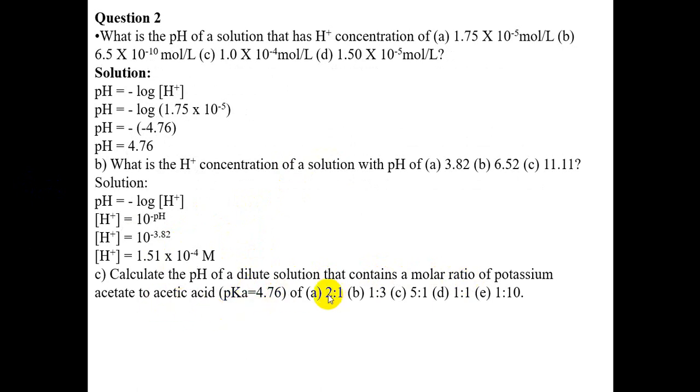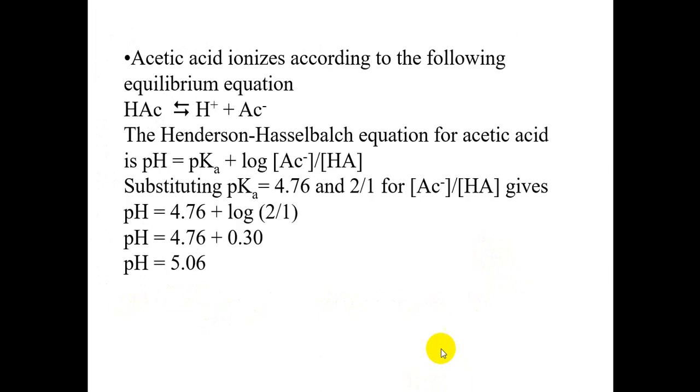So we have 2:1. Potassium acetate is the base, then acetic acid is the weak acid. The ratios are 2:1, 1:3, 5:1, 1:1, so you follow through. We just substitute the ratio inside, then click on our calculator to get 5.06. So this is an acid.